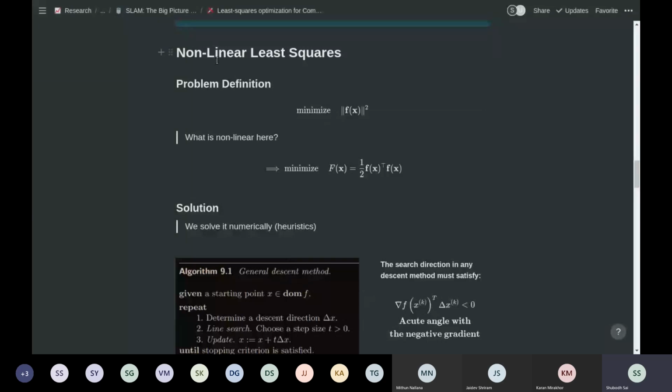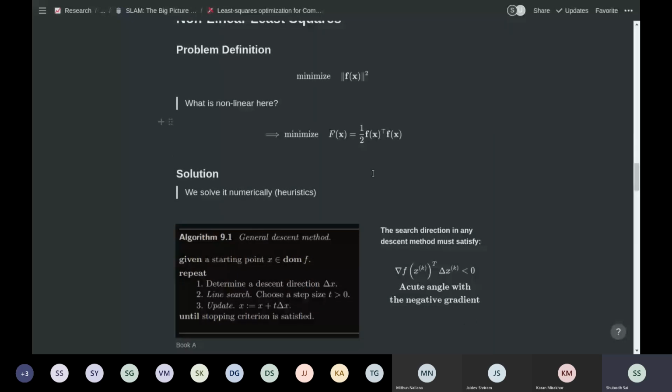Whenever we say linear or nonlinear, we are talking about the function. We're not talking about this whole squared thing. So here we consider the more complex case where f is nonlinear, and again we can rewrite this as f transpose f. Half is just for the sake of clear writing later on.